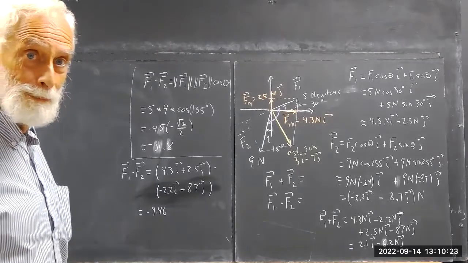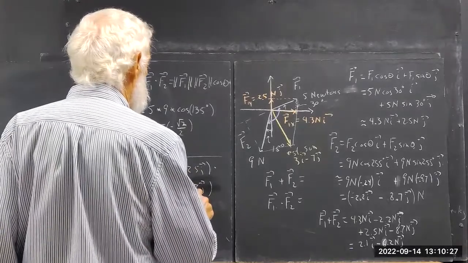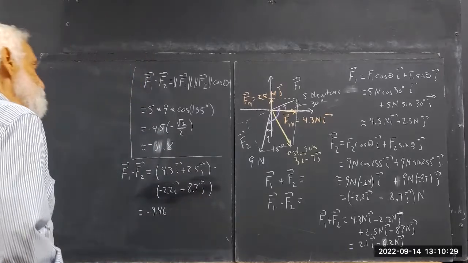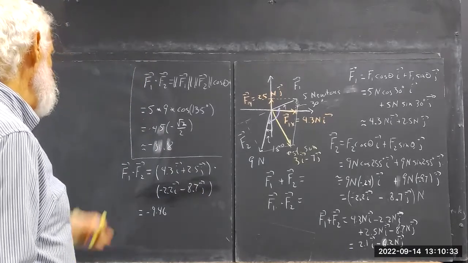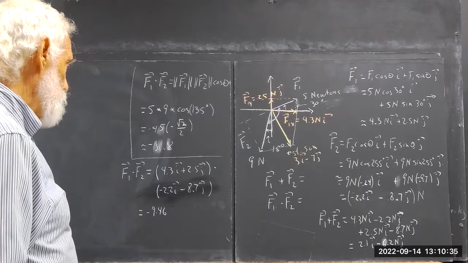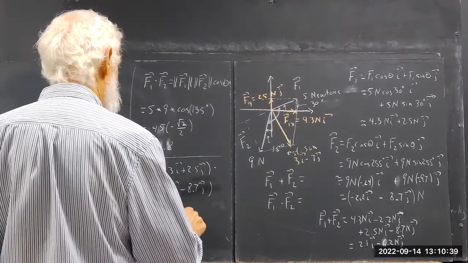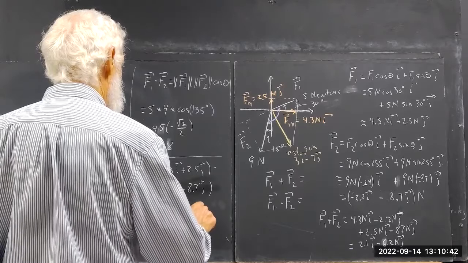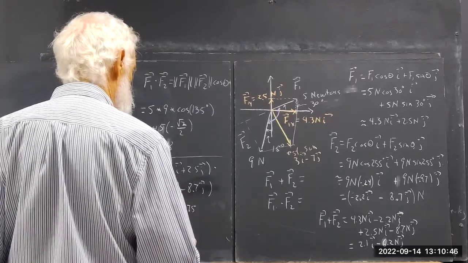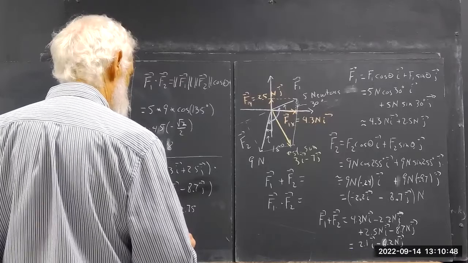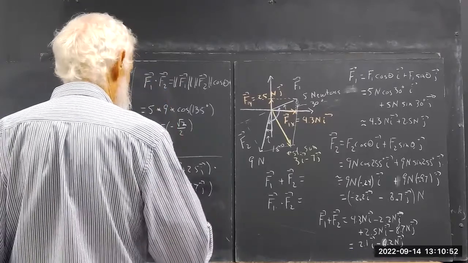And 2.5 times 8.7. Well, 2.5 times 9 would be 13.5, and 0.3 times 2.5 is 0.75. So I think that would be 8.75.